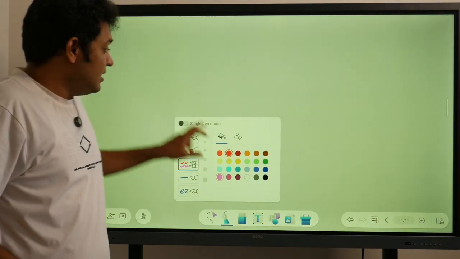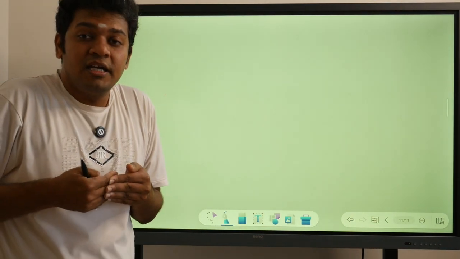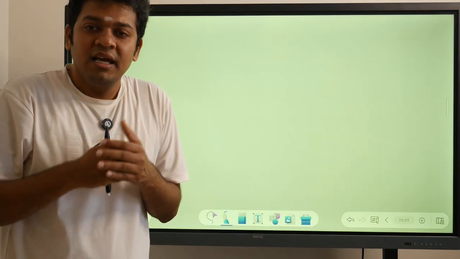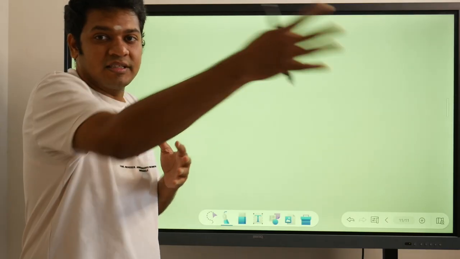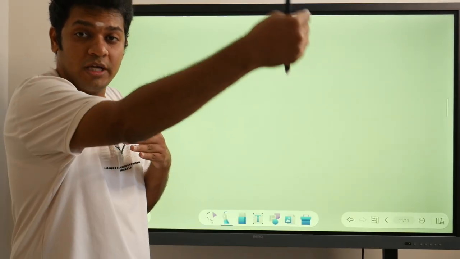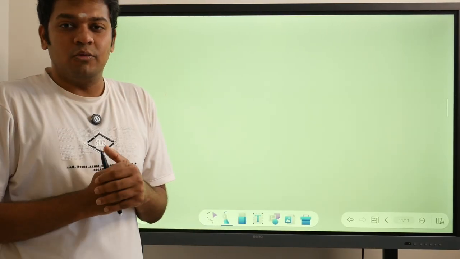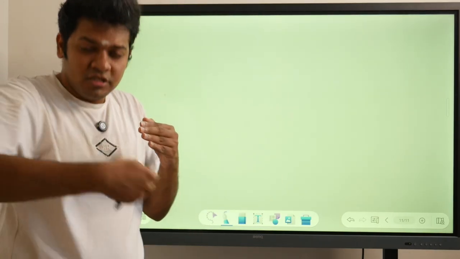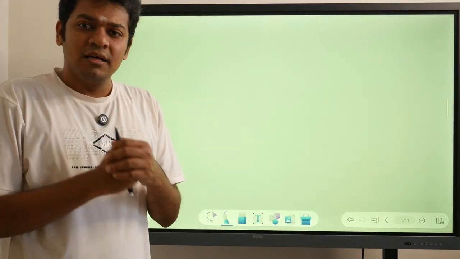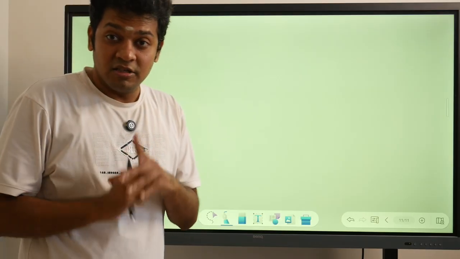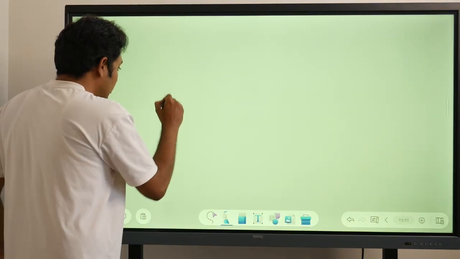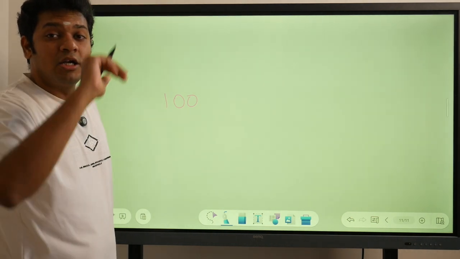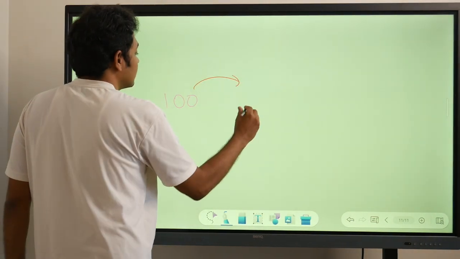If your salary is increased by 25%, how much should I reduce to get back the same value? Is it the same 25%? No, think. Let me assume my salary today is 100 rupees. I'm increasing it by 25%, so it becomes 125.